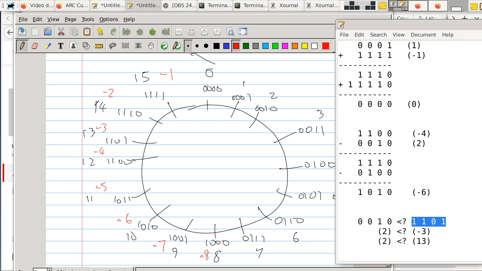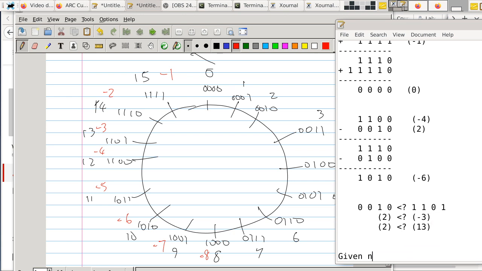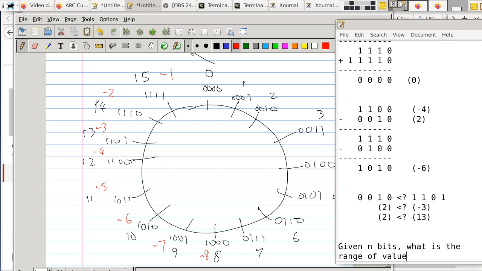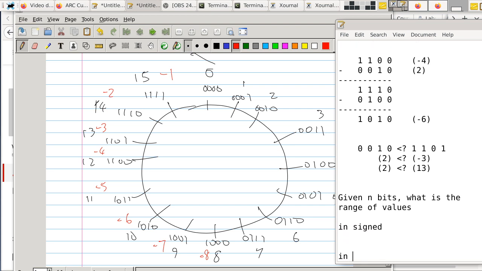Those are all very good questions. So the question now is, given n bits, what is the range of values in signed and in unsigned interpretations?